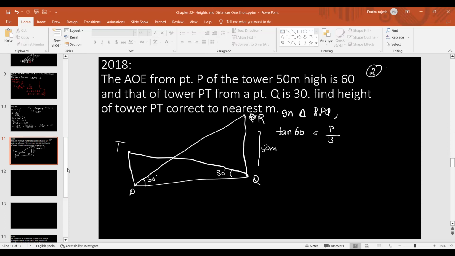So tan 60 is √3, equal to 50 divided by base. Sorry guys, my bad. So base B equals 50 divided by √3. First equation we got.